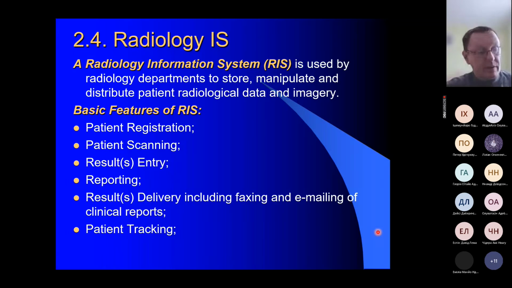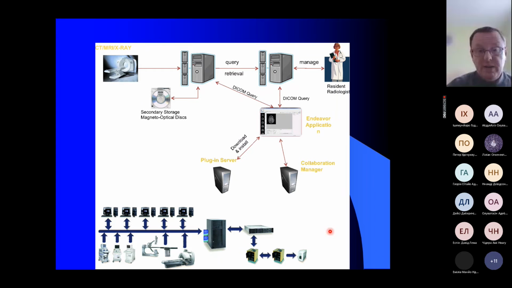So it could be preserved within the RIS system. But features will be similar to those from LIS: patient registration, patient scanning, result entry, reporting, result delivery, patient tracking if necessary. One of the most important is result delivery or interface with, again, the hospital information system.